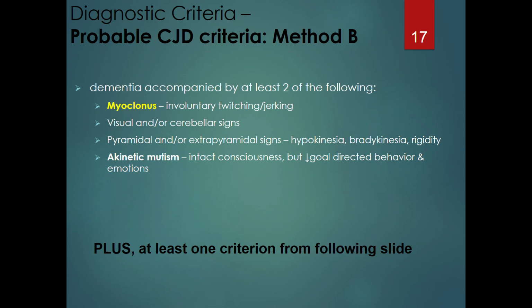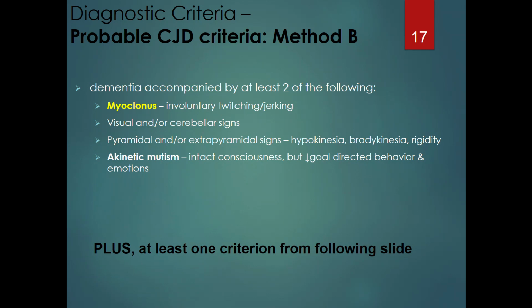Visual and/or cerebellar signs include difficulty with coordination or balance. Extrapyramidal or pyramidal signs can manifest as slow movements, muscle stiffness, or tremors. In some cases, patients with CJD may also experience akinetic mutism, where they are conscious but unable to initiate goal-directed behavior or show emotions.